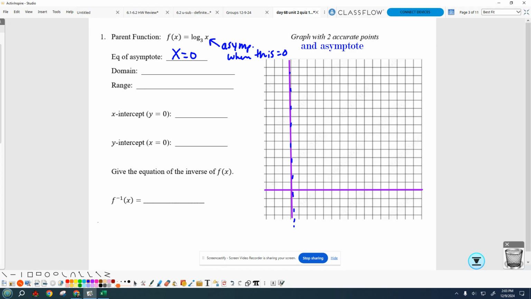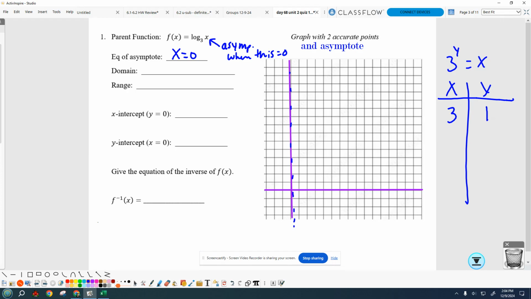And Anya said to graph it, there are 2 coordinates that are always on it. I'm going to translate this log to the exponent: 3 to the y equals x. I'm not going to pick x values, I'm going to pick y values. Putting in 1 for y, 3 to the 1.